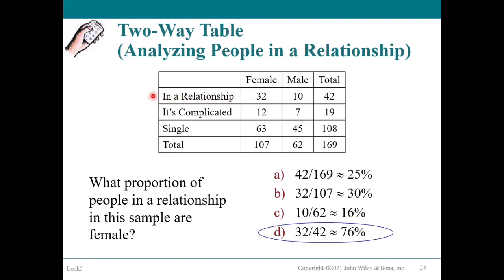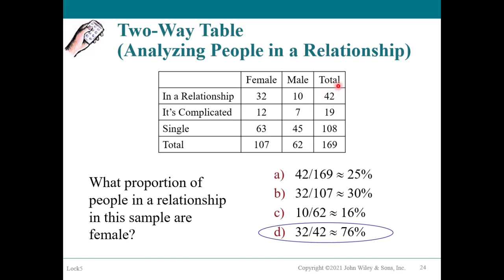In a relationship means relationship status in these rows. So this is a row wise problem. People in a relationship, this row, and this is the total of people in a relationship. Now you have to check the other part of this question, are female.